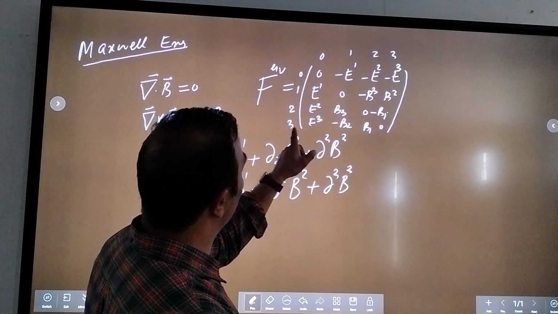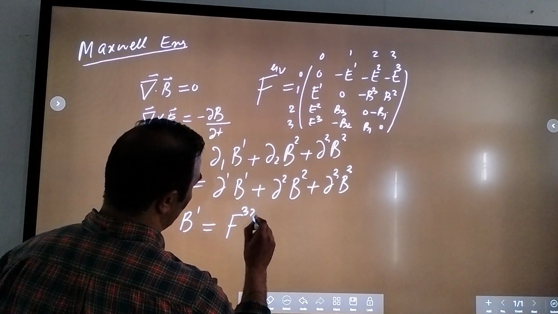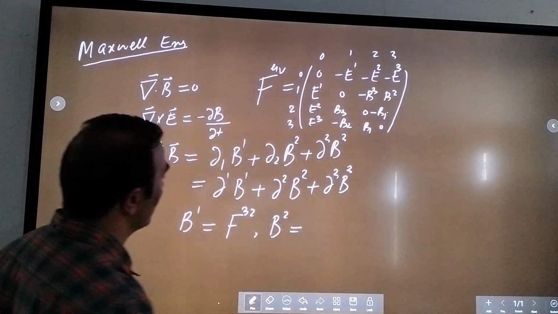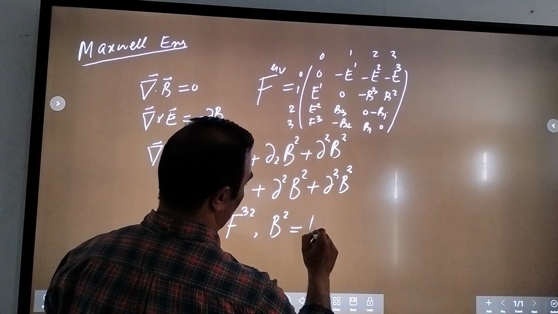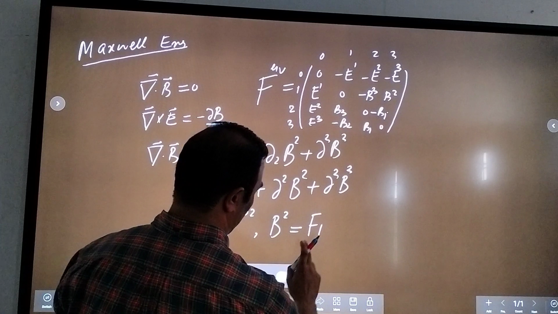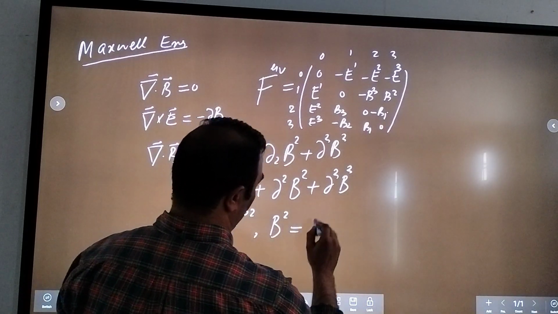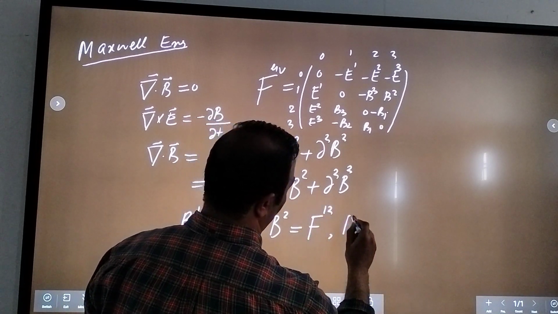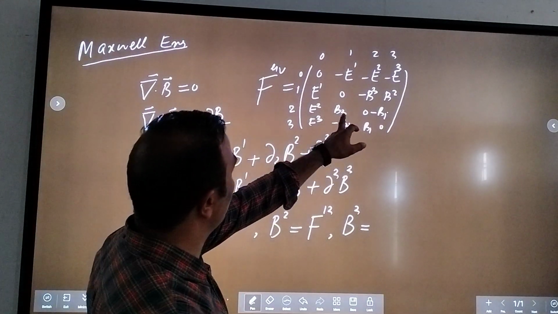So this will be F32. And similarly, b2 will be equal to this term, so that is F13. And b3, what will b3 be here? That will be F21.